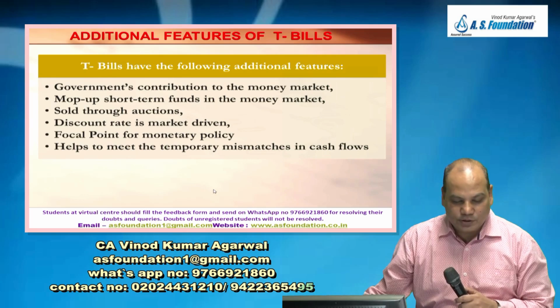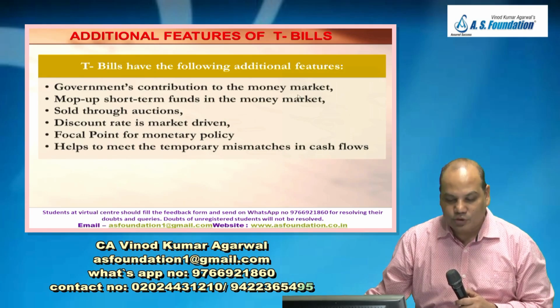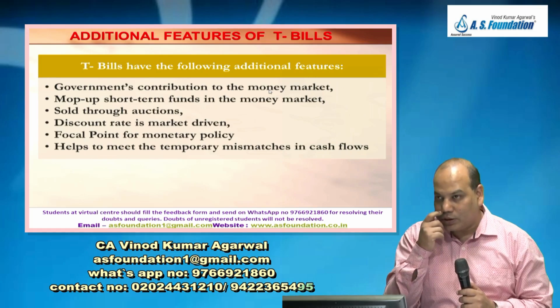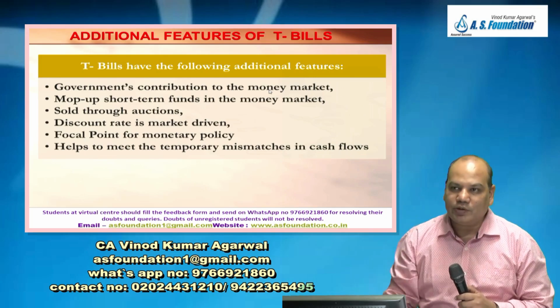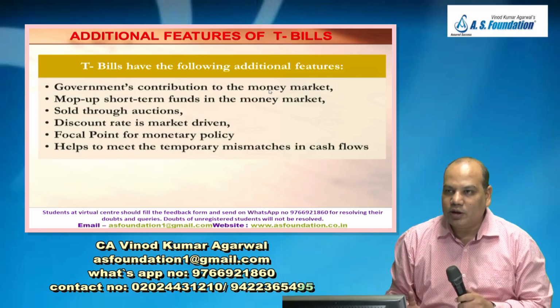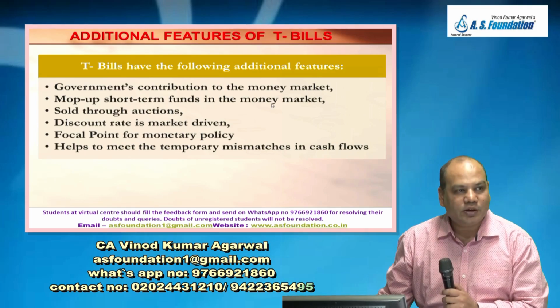Now additional features. First, treasury bills have the following additional features. Government's contribution to the money market. That means when government is issuing treasury bills through RBI, it is in one way entering into the money market. Second, it mops up short-term funds in the money market.